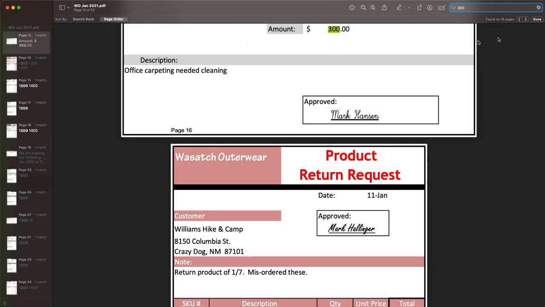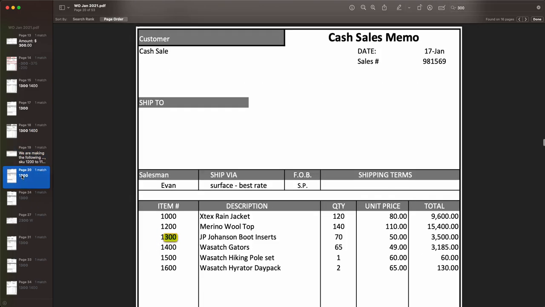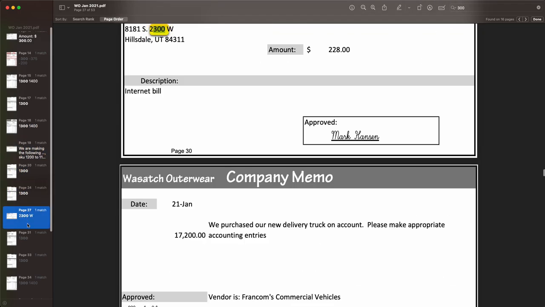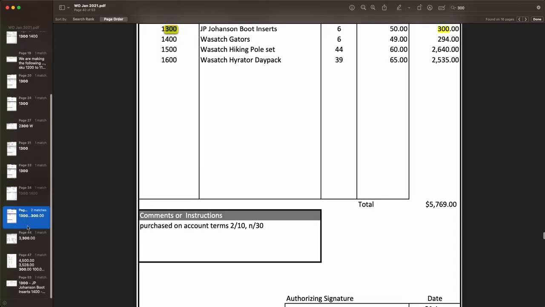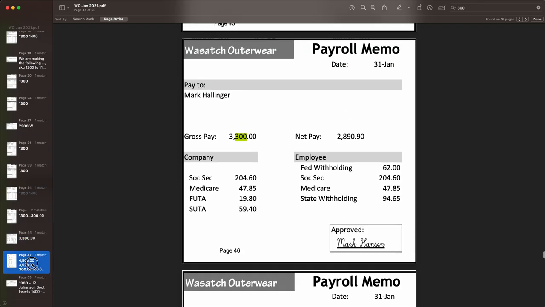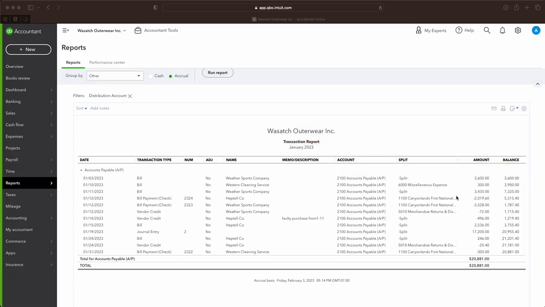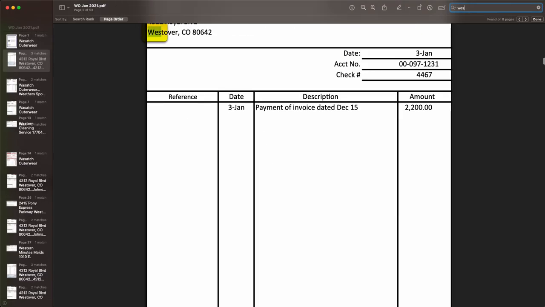Dang it. SKUs, there's SKUs everywhere. Addresses, 3,300. 300. What's this 300? Miscellaneous expense in the bill. Western Cleaning Services.